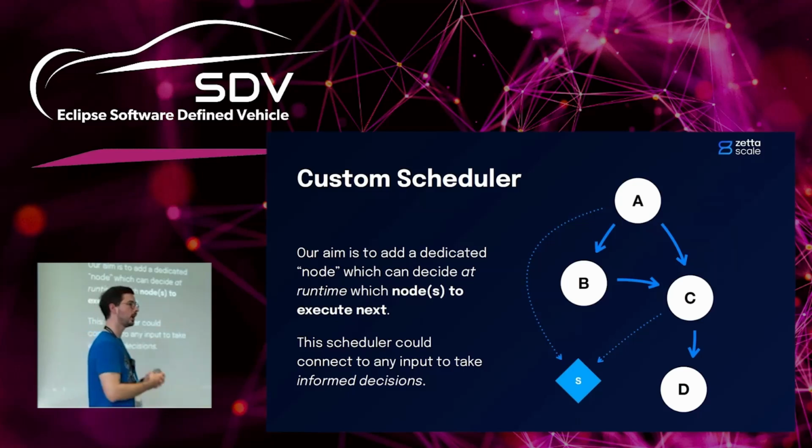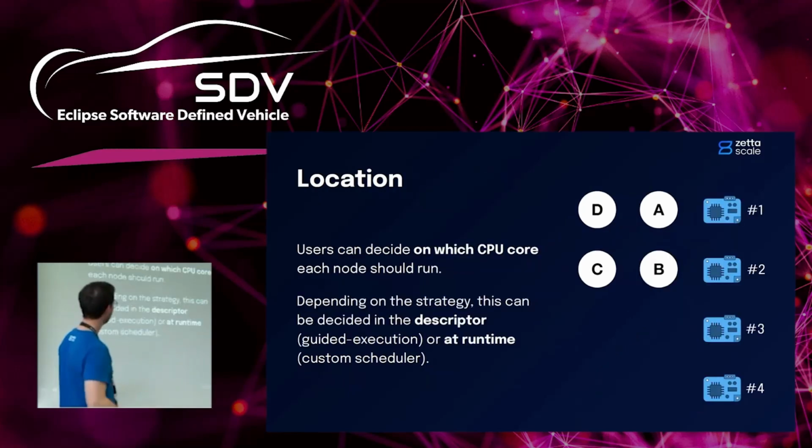In a city, all of a sudden there is a lot more observation to do, and so you have different constraints with different use cases. So we want to allow you to have a custom scheduler node that would be fed data from the other nodes, and you can make an informed decision as to what to run next. Maybe there is a deadline that you missed and you need to skip some computation.